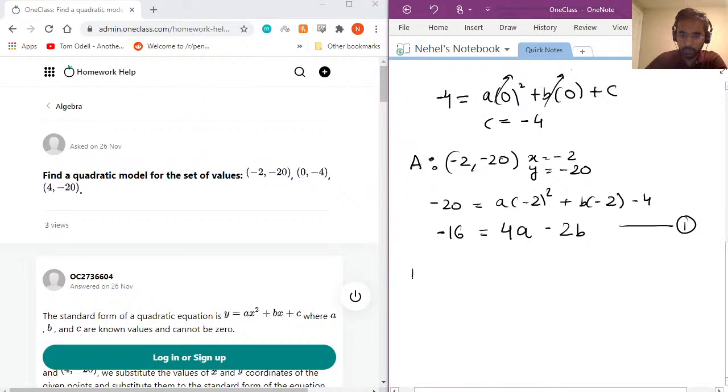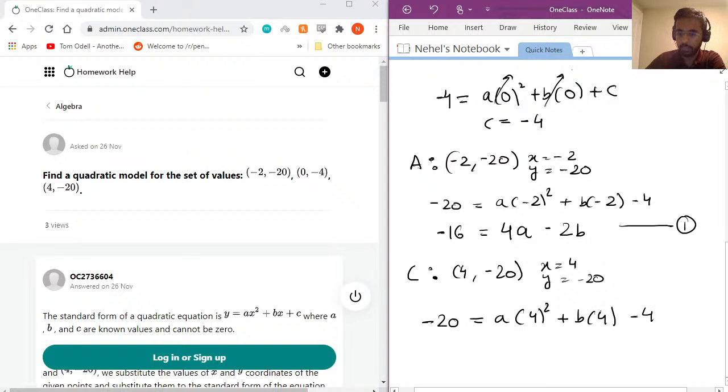When we plug in the value of point C, we've already used point B. So when we plug in the value of point C, which is positive 4 comma negative 20, which means x is equal to 4 and y is equal to negative 20, we get negative 20, which is on the left hand side, is equal to a times 4 squared plus b times 4 plus c, which is negative 4.